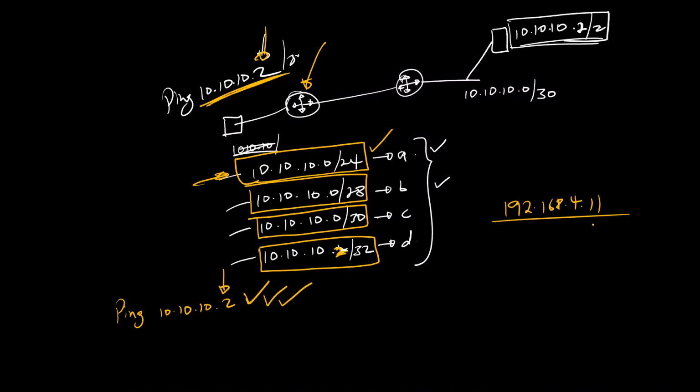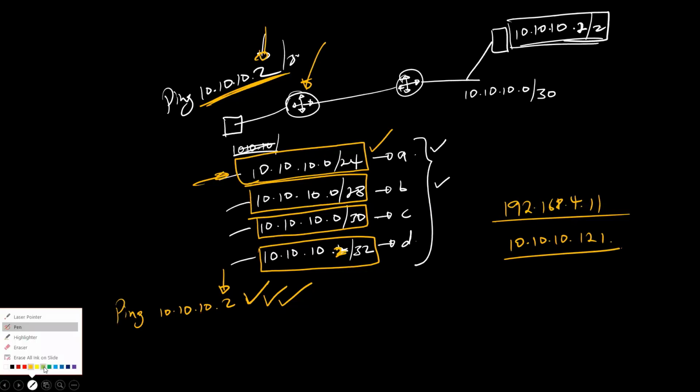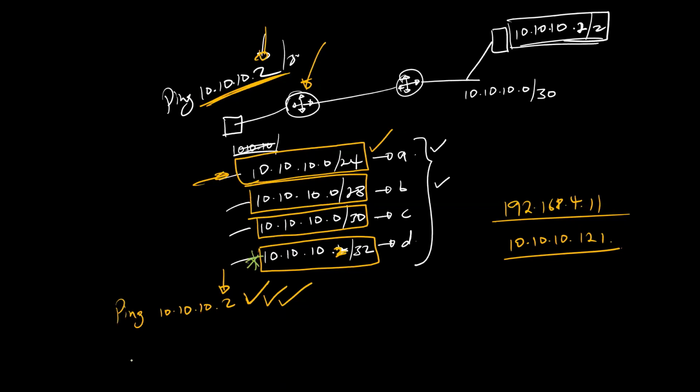But just to simplify and give you a straightforward answer, think of 10.10.10.121. This one will not be there. I hope you guys can follow with me. It will not even be there in this network.